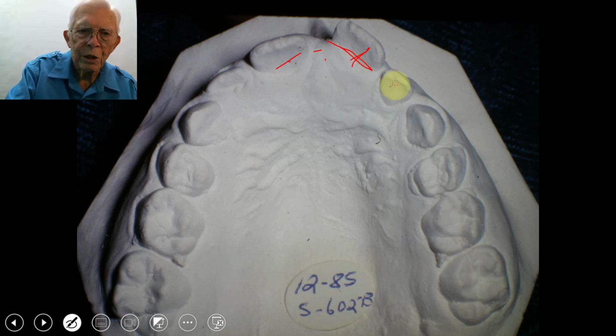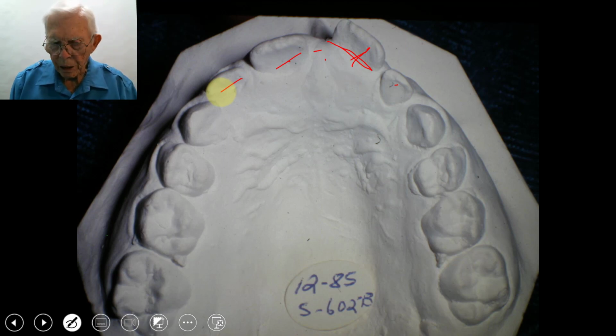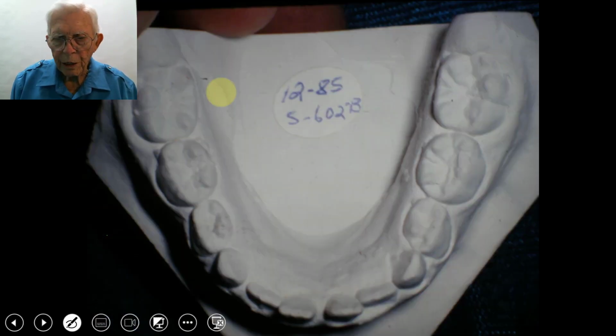This is the deciduous lateral or permanent lateral over here, and the orthodontic problem here is simple orthodontics. So we've got lots of stuff to show you how to do that.